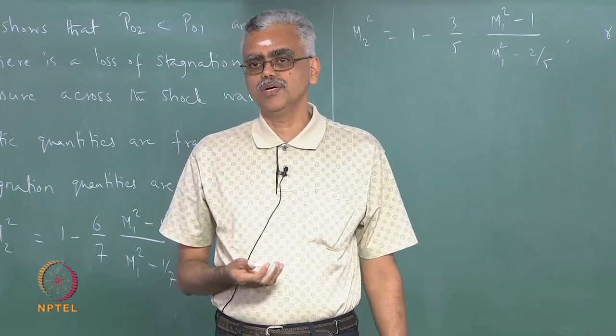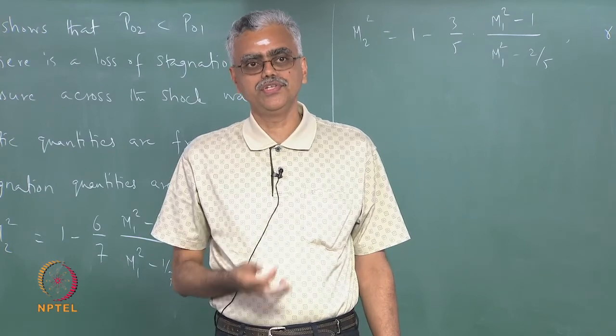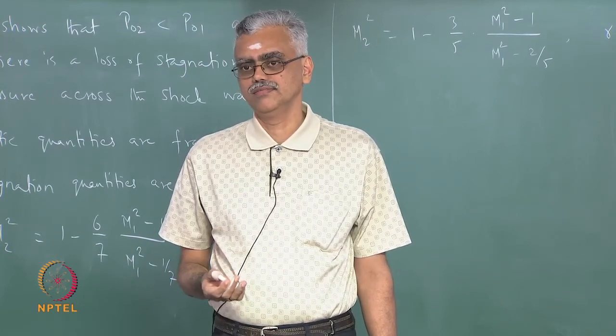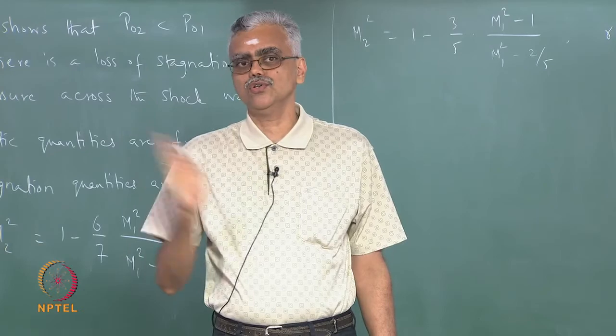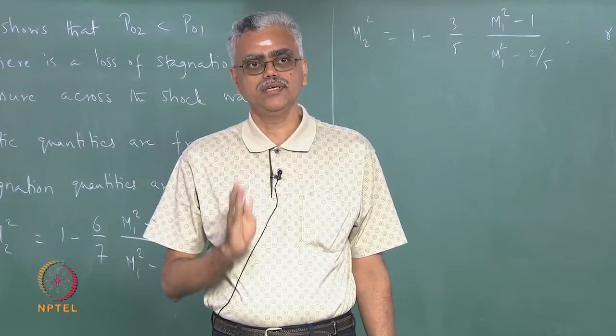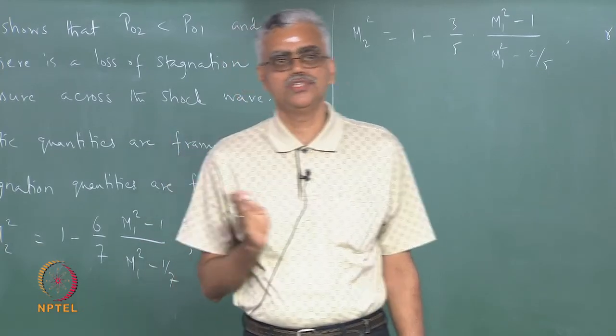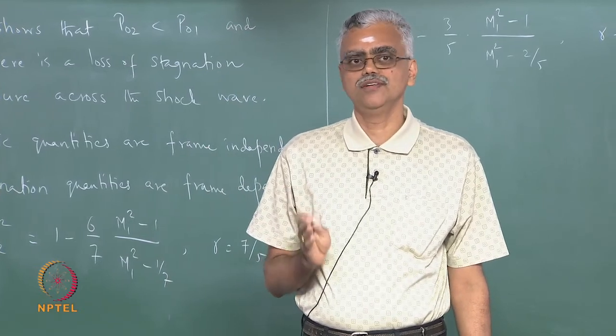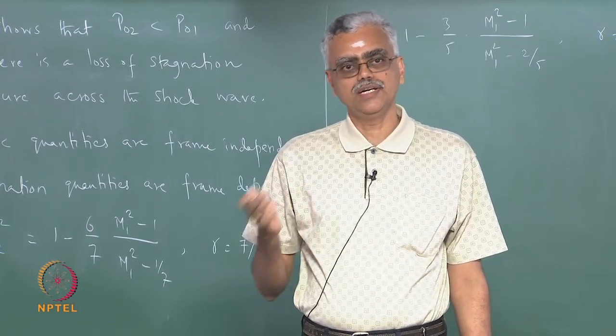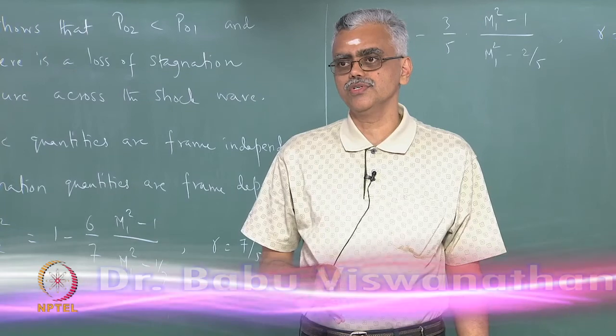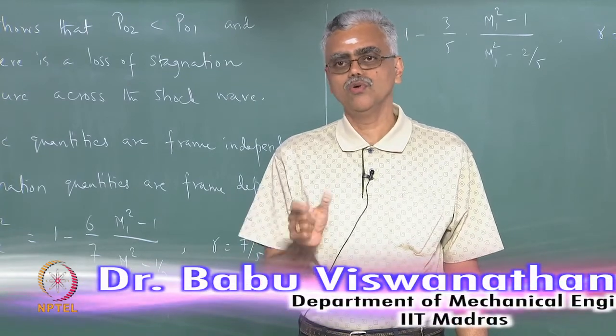Isentropic compression process is very efficient but not very effective, whereas this one just across the shock wave is a discontinuity. Across the shock wave we are able to achieve a compression ratio of 10, 15 or 20. If you tried the same thing with an isentropic compression process, it would not be possible over such a short distance.